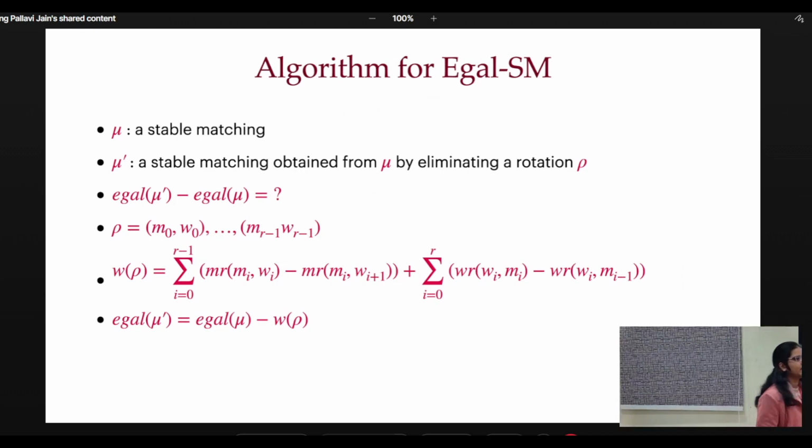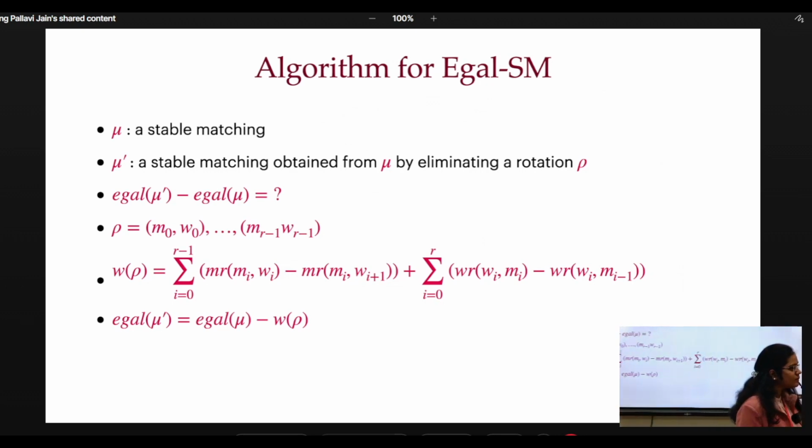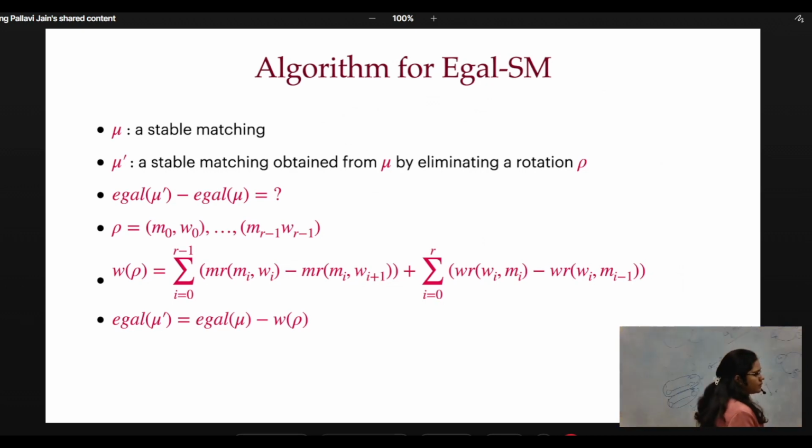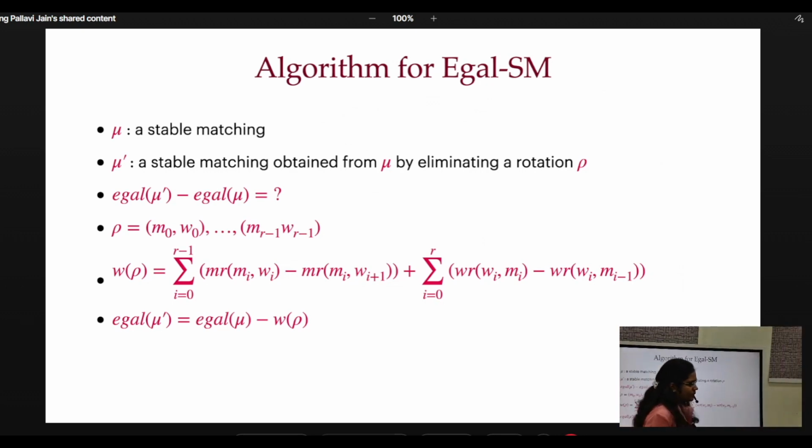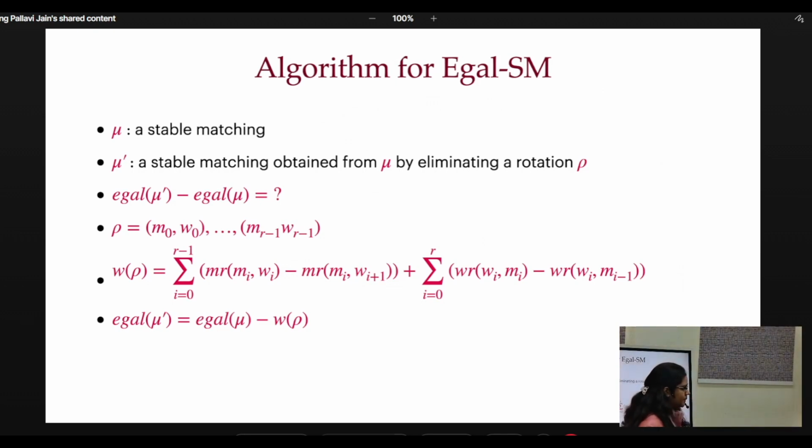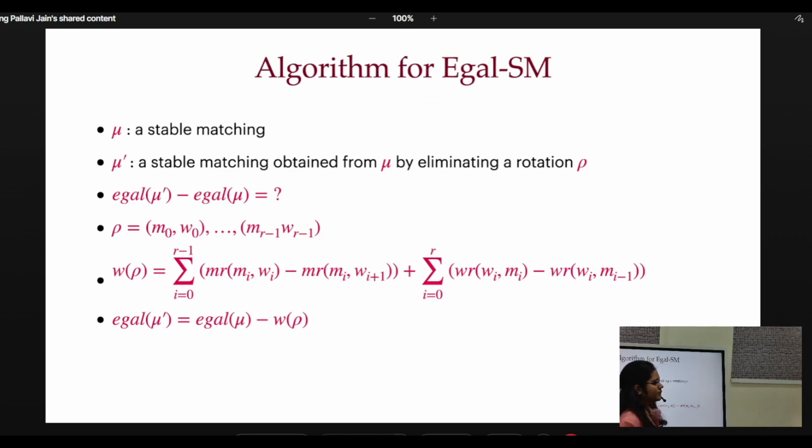Yeah, you want to say something? Is it because we're saying that the weight of that rotation, if we remove it, will cause a significant change, so the egalitarian value of mu prime will be different from the egalitarian value of mu?